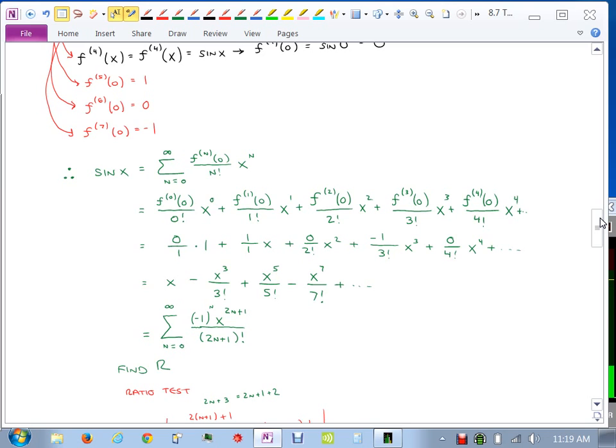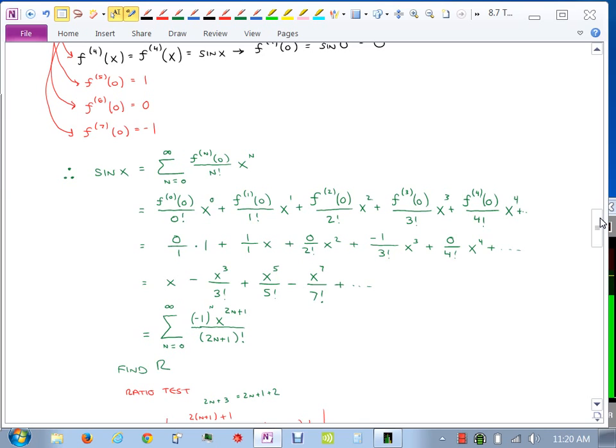Then you plug in the first derivative at 0, which was what? 1 over 1 factorial, which is 1, and then x to the 1 is x. Following? Then you do second derivative at 0, which was what? 0 over 2 factorial, x squared. Then the third, and then the fourth, and you keep going, right?